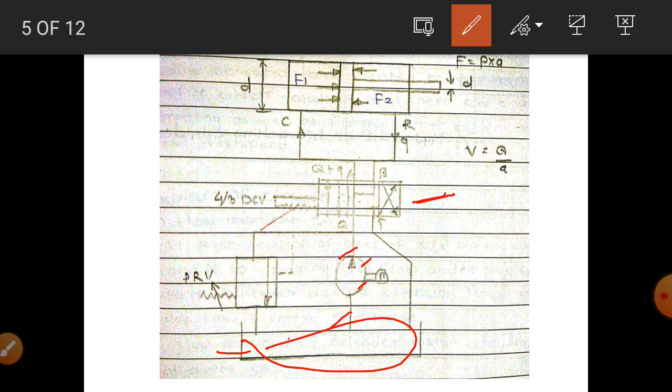This is the DCV, and this is a pressure relief valve. 4/3 directional control valve means 4 ports and 3 positions.